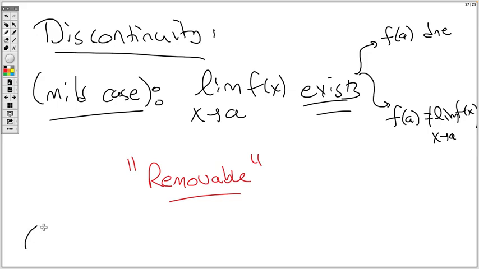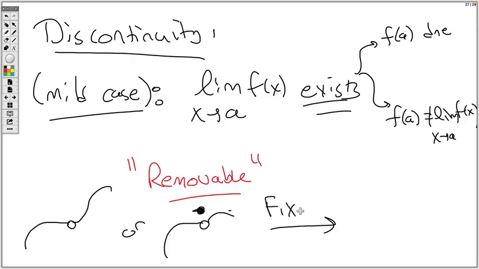So graphically, here's your function. The limit exists. Either the function isn't defined or they've defined the function in the wrong place. You follow? So these are fixable. What do you do? You just redefine the function where it should be. You follow?